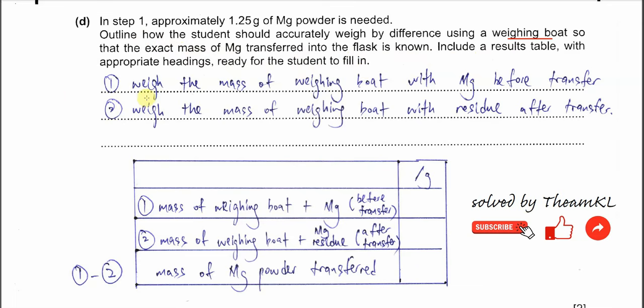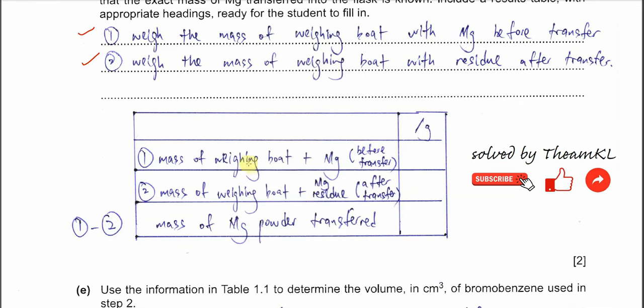What we need to do is get two masses. So we need the mass of the weighing boat with magnesium before transfer, and the mass of the boat with residue after transfer. With these two masses, we can calculate the actual mass of magnesium that went into the round bottom flask.